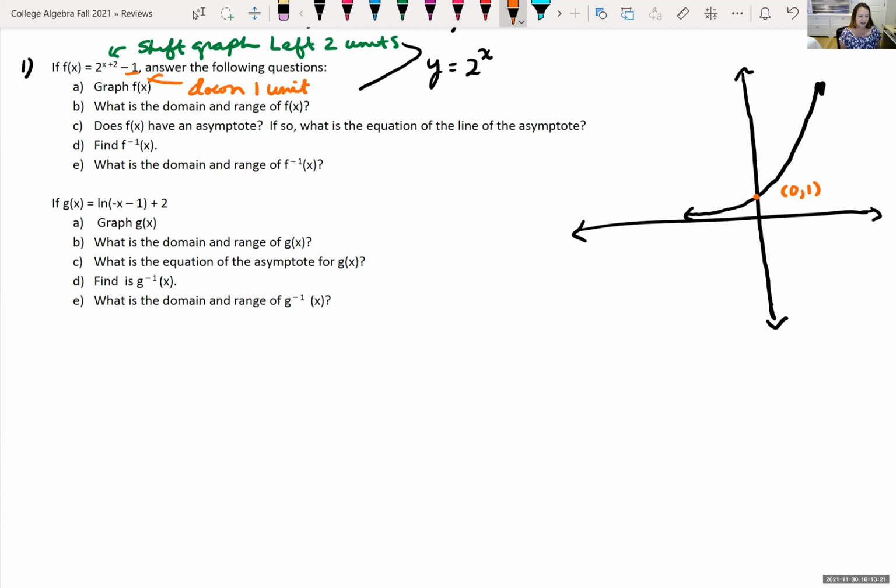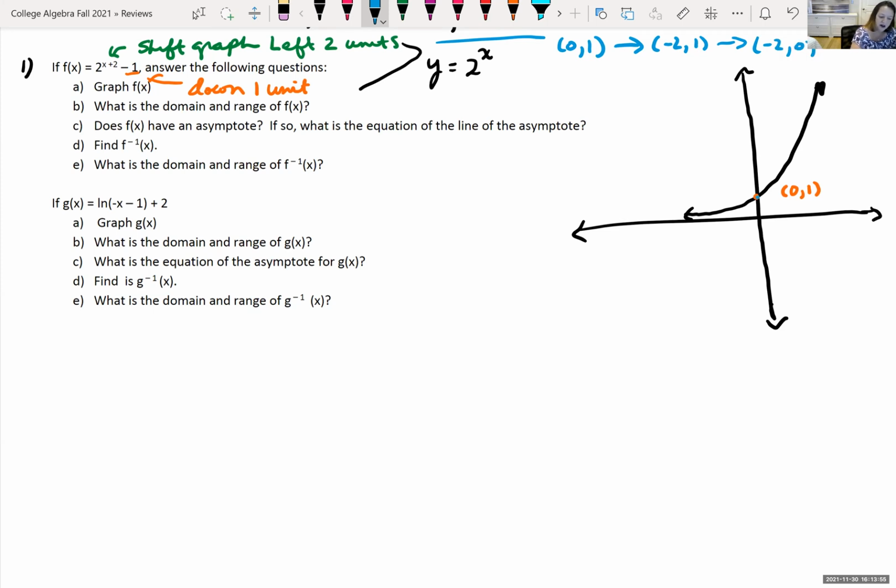So let's look at that graph and let's do some shifts. If we shift that to the left 2 units, that point at (0, 1) is now moving over left 2 units. So that's now (-2, 1). And then if we look at that point (-2, 1) and we shift it down 1 unit, that new point is (-2, 0).